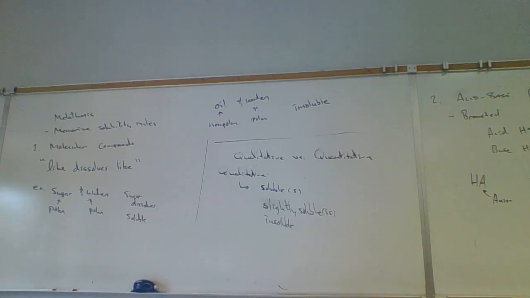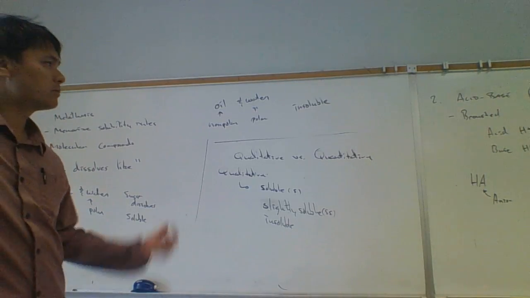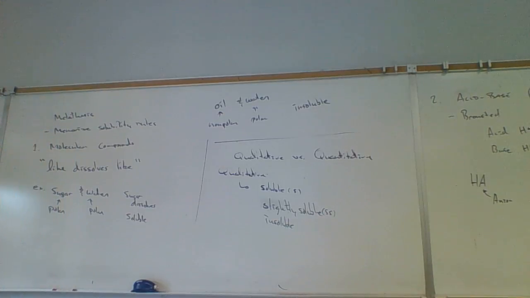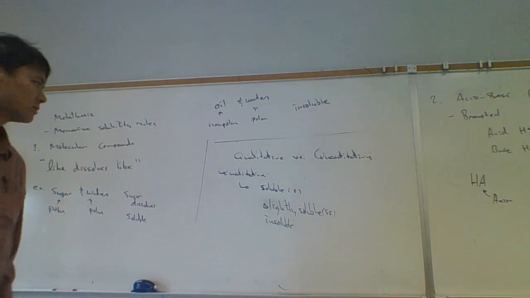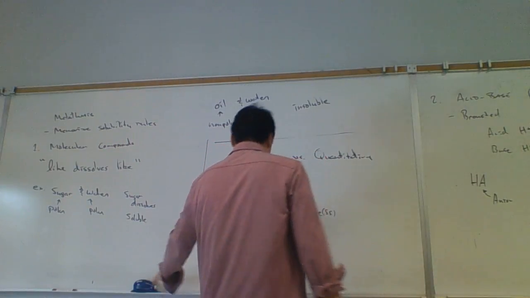So, for example, something like silver chloride, which we had up there earlier: a tiny bit, maybe a microgram, will dissolve in a liter. It's not 100% insoluble, but there's so little that actually dissolves for the most part. It's close enough.